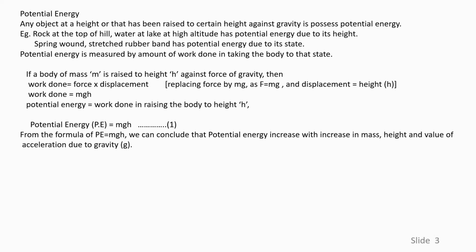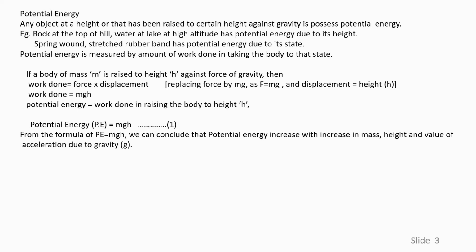In this formula, m is mass, g is acceleration due to gravity, and h is the height to which it is raised. From here we can conclude that potential energy depends on mass, height, and the value of acceleration due to gravity. If the body on top of the cliff or at a certain height has more mass, then it will have more potential energy.